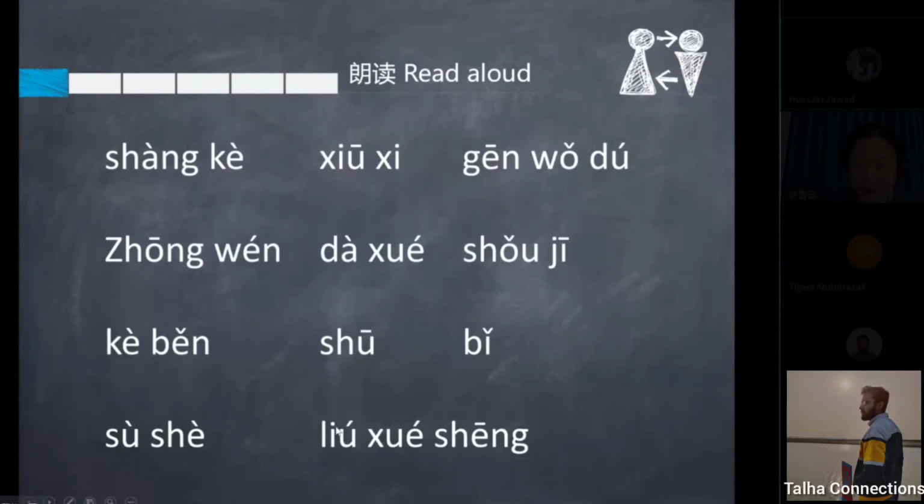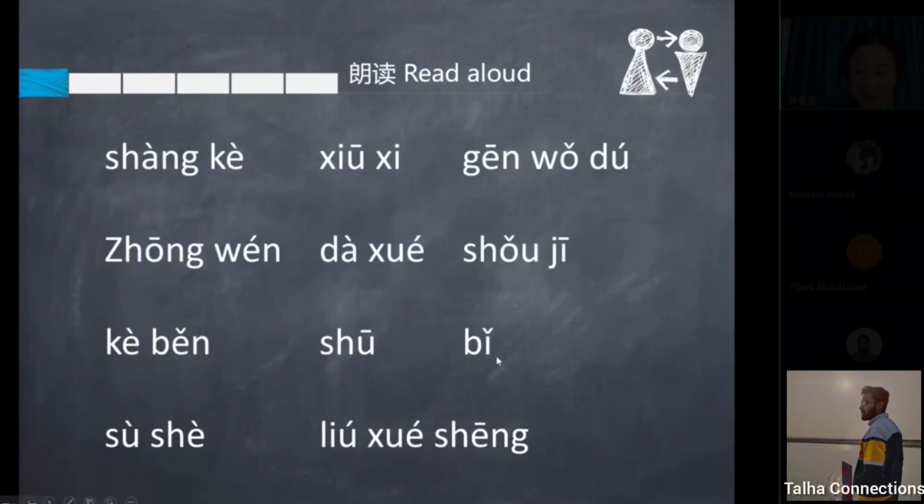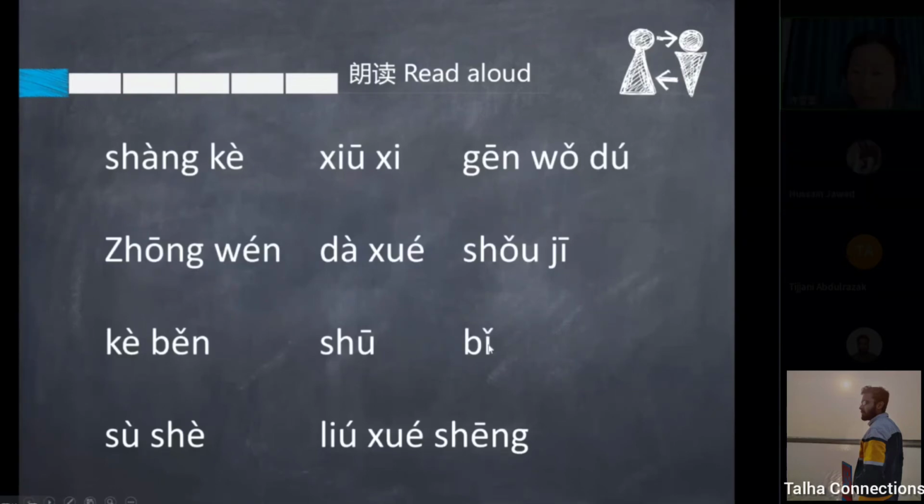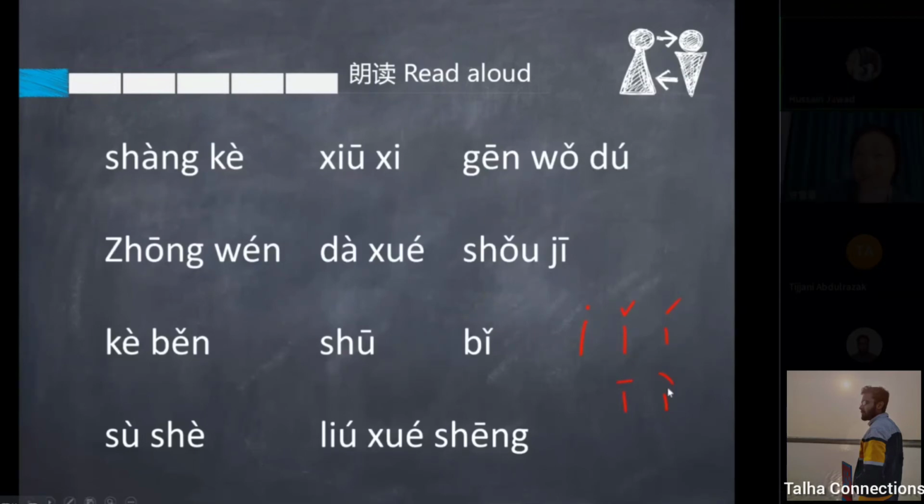Yeah, here. If we need to put the tone mark on the i, we remove the dot and use the tone mark to replace it. Okay, very good.